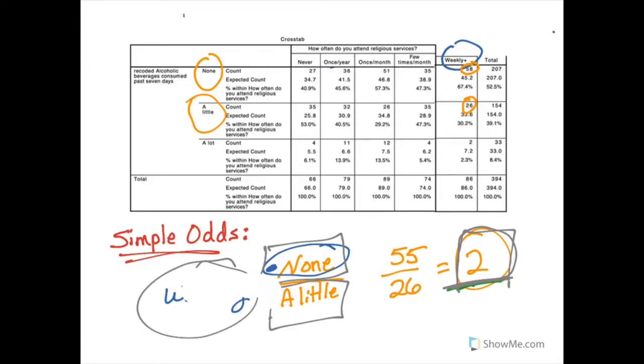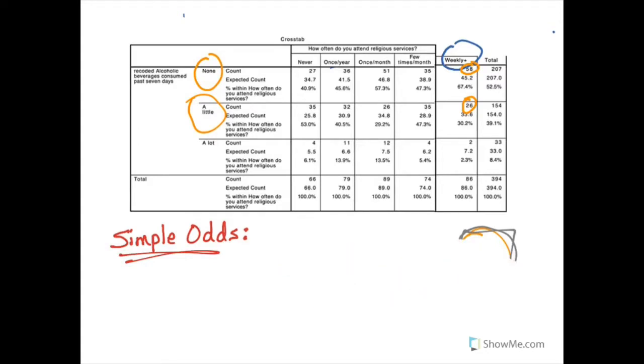Now I'm going to do another one, because you get the hang of it pretty quickly. And what happens if you calculate an odds ratio by the way that you set it up? It's a decimal. It's not that difficult. I'll just give you a quick demonstration of it, and we'll just do another one here. This time I will pick the once a month category.